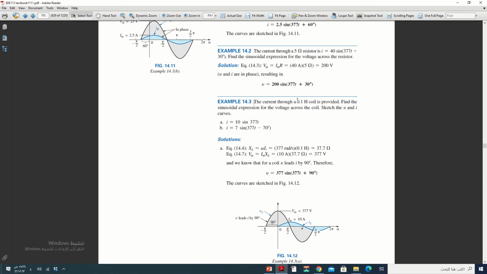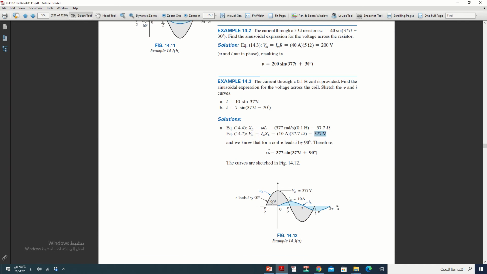You cannot divide here, this is not XL. This is L, and we need to find XL by omega L. Omega is 377 and L is 0.1. Now XL equals 37.7. If we have XL, we can multiply it by the peak of the current and we will get the peak of the voltage, 377 volts.